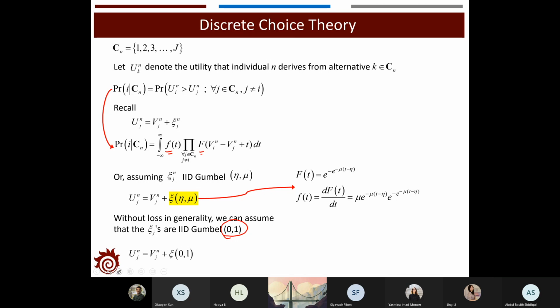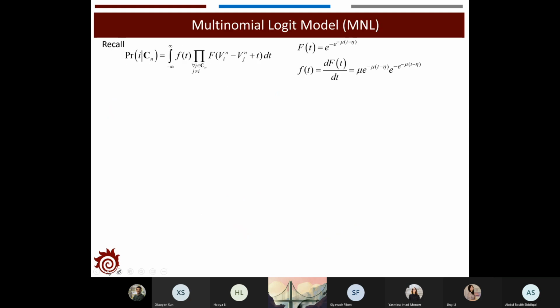With that, we can derive the closed expression for the probability, which will be much simpler than the one you see here. The standard Gumbel distribution can be written in these two expressions for the probability density function and the cumulative distribution function, with mu equal to 1 and eta equal to 0.